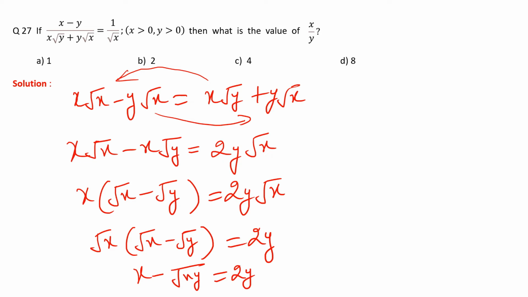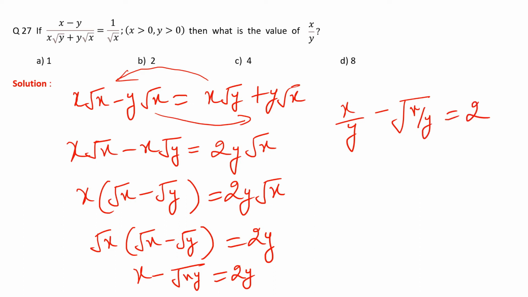Now this is the important step. We'll be dividing the entire equation by y, because y is given to us as a positive number. So there is no such problem that y will be 0. So we can easily divide by y on both the sides. It will become x upon y minus square root of x upon y equal to 2.